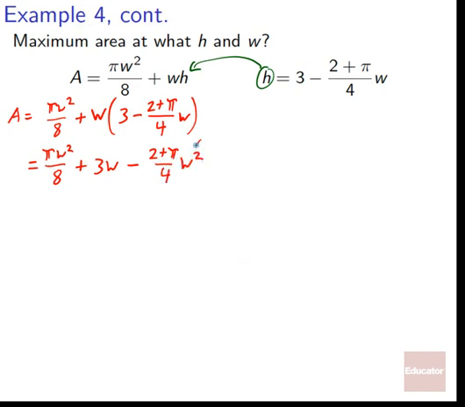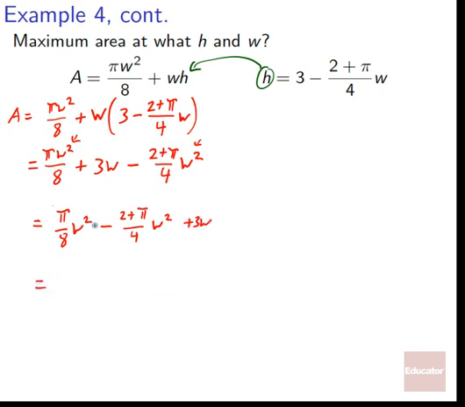Hey, so now we've got a w squared here and a w squared here, so let's make them talk to each other. So we get pi w squared over 8. So let's actually pull that down. So we'll make it as pi over 8 w squared minus (2 plus pi) over 4 w squared plus 3w.